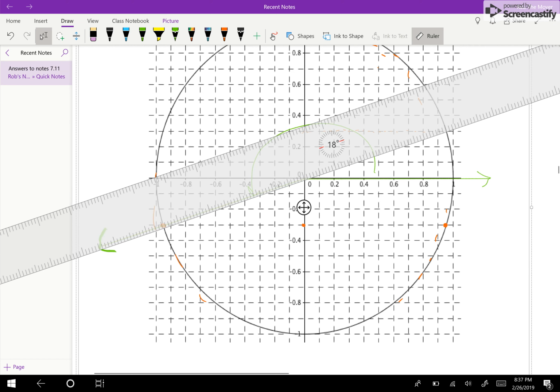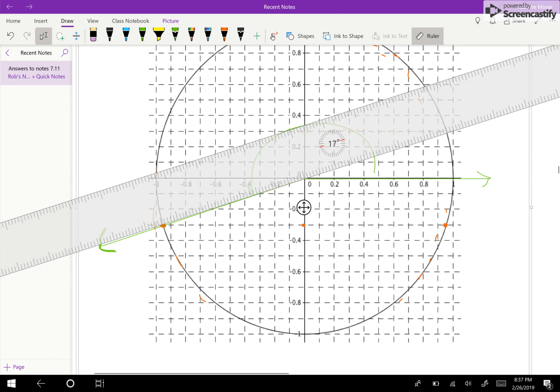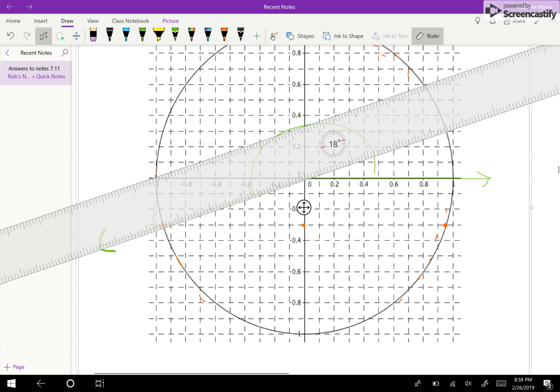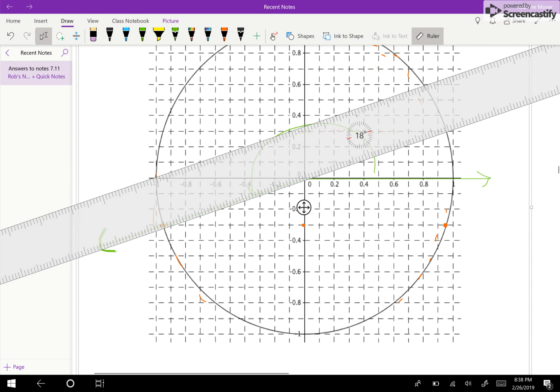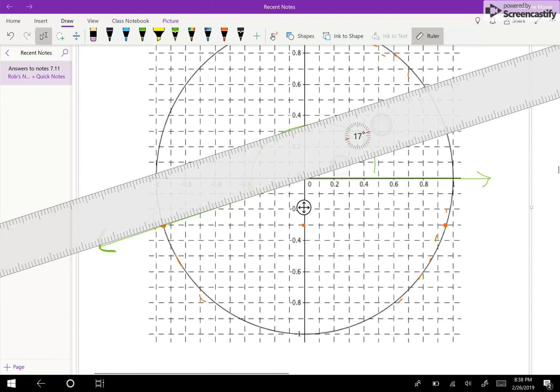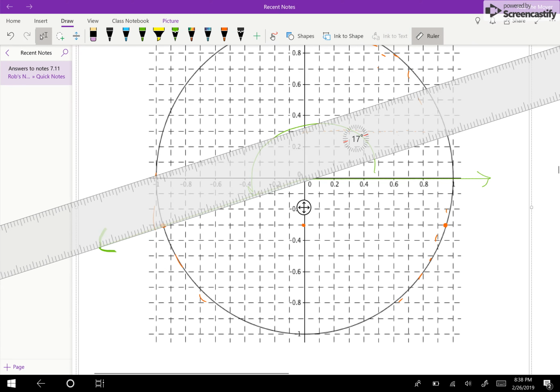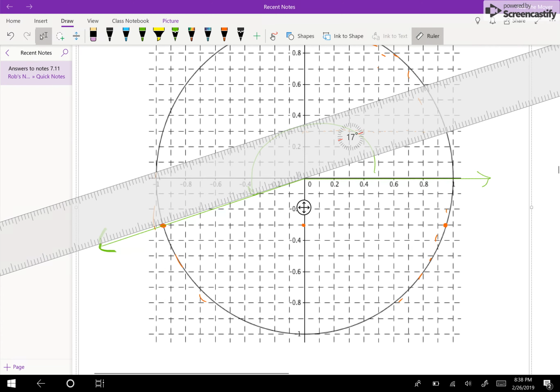This protractor is not that precise, because when I'm on that side it's 17, and when I'm on this side it's 18. You guys see what's happening? It's looking closer to 17 this time. But if I go just on the other side, that's why 17.5 is a good approximation. But I'm going to write down 17 this time. Got 17 degrees, but that's added to the 180.